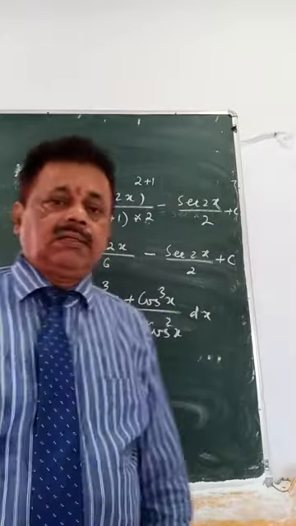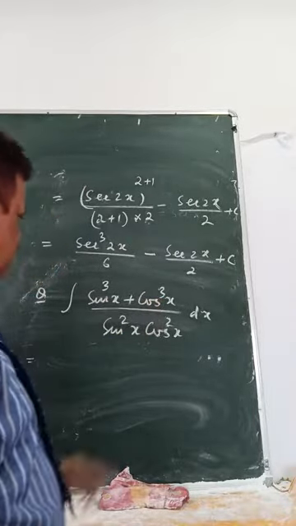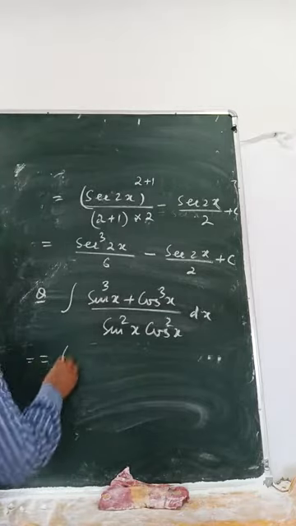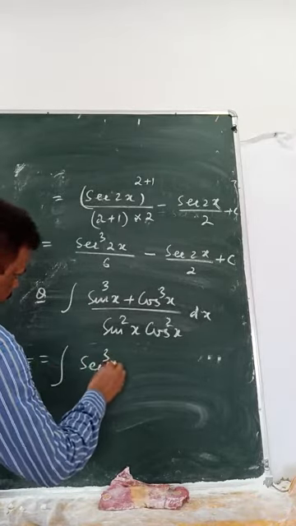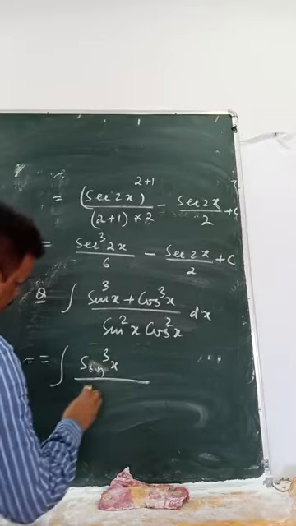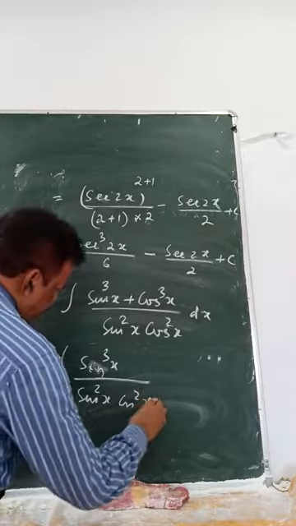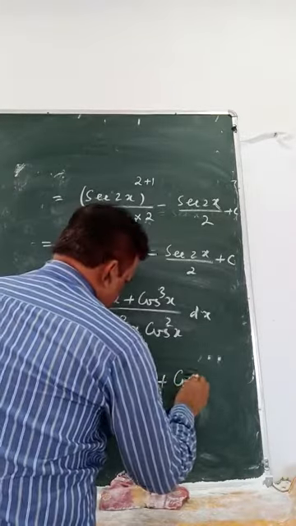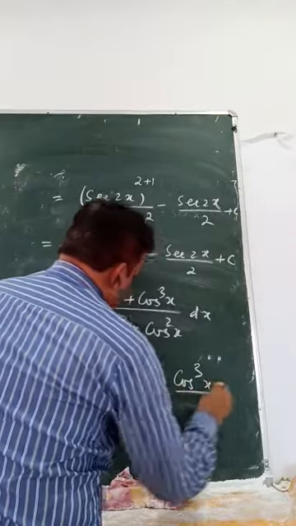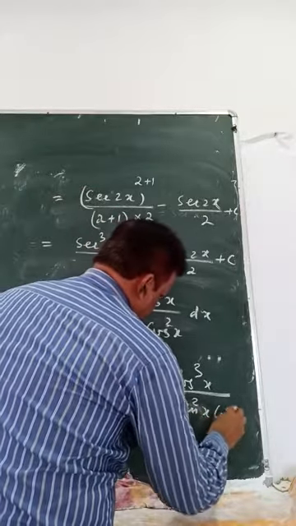What can be done in this? Simply divide separately, and you will get your answer. That will be sin cube x by sin square x cos square x plus cos cube x by sin square x cos square x.